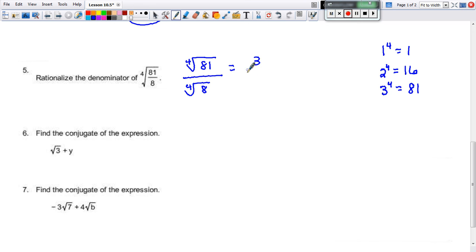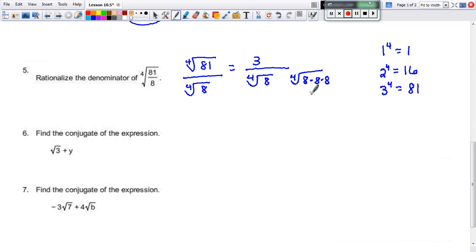So I have 3 over the 4th root of 8. Now this index tells you how many you need in order to get it out of the fraction, so you need 4 8s. So you are missing 3 of the 8s. So you're going to multiply this by the 4th root of 8 times 8 times 8.